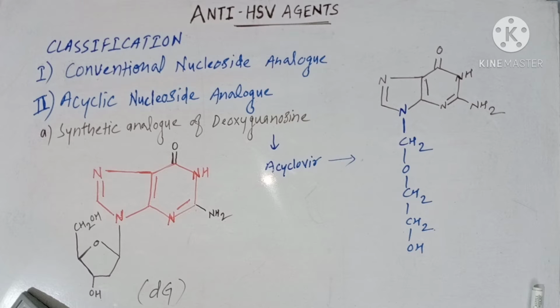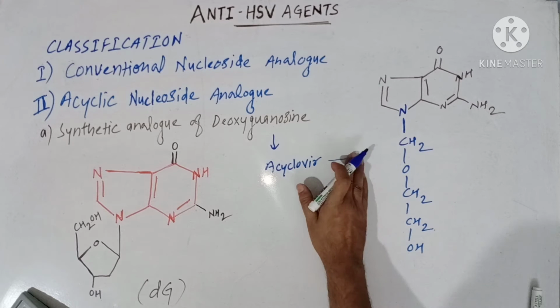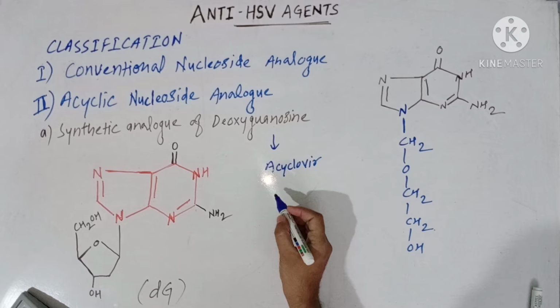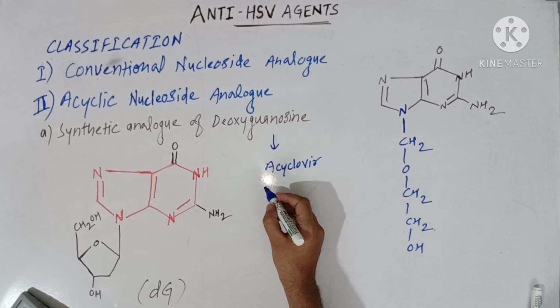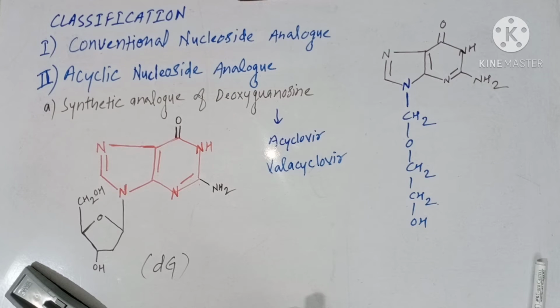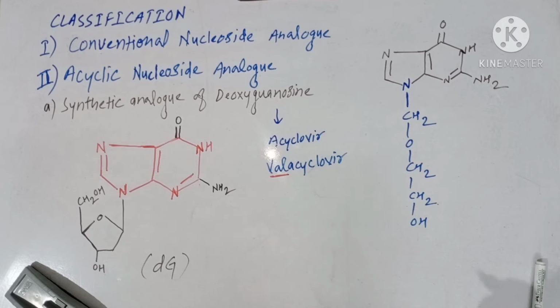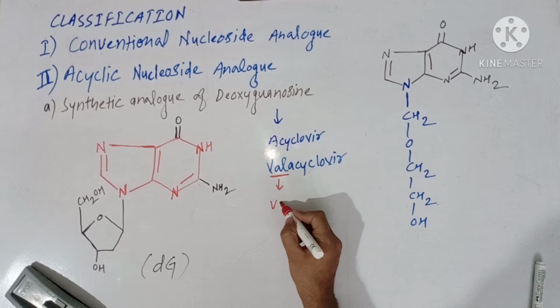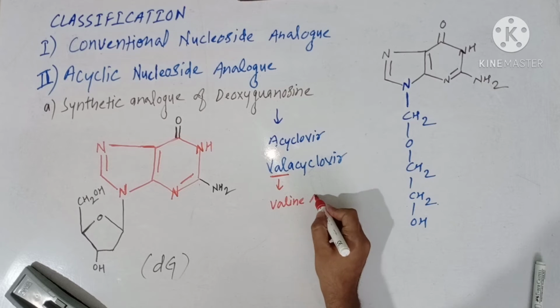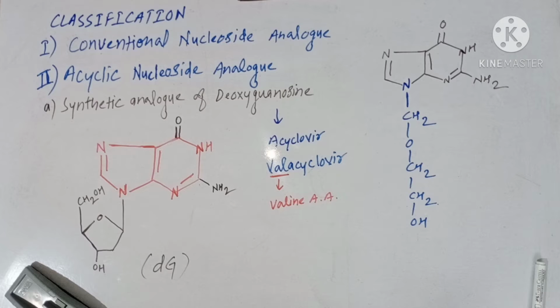Now there is another important derivative of this acyclovir which is known by the name valacyclovir, and in its name you can see this has val. So val represents valine amino acid. Which amino acid? Valine.